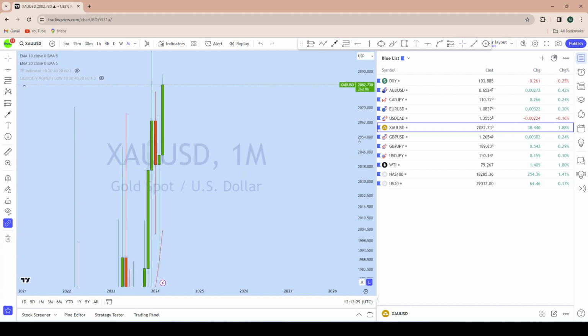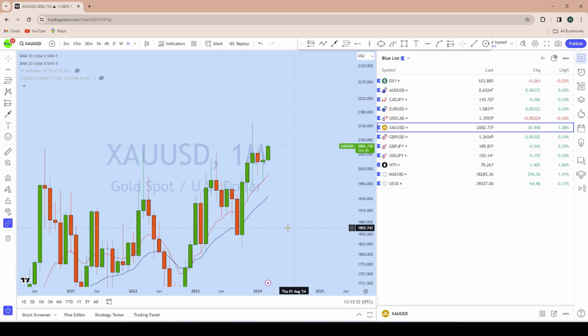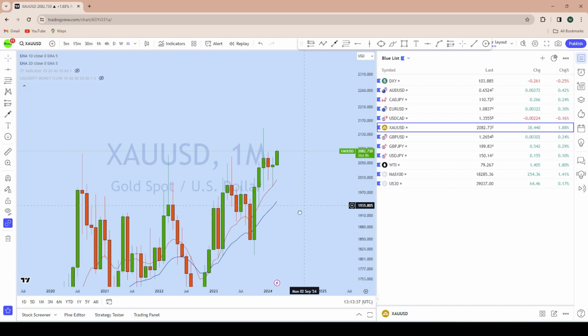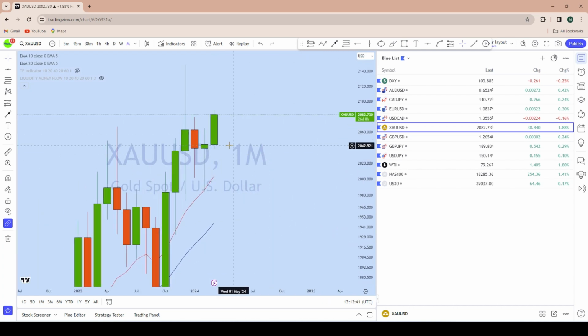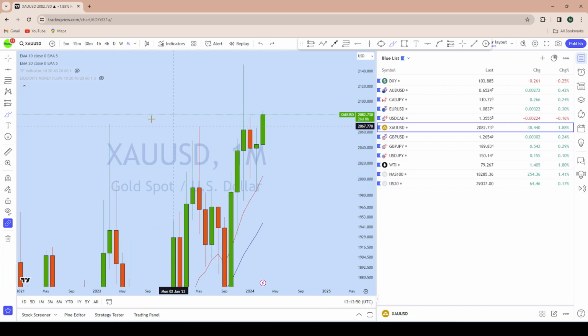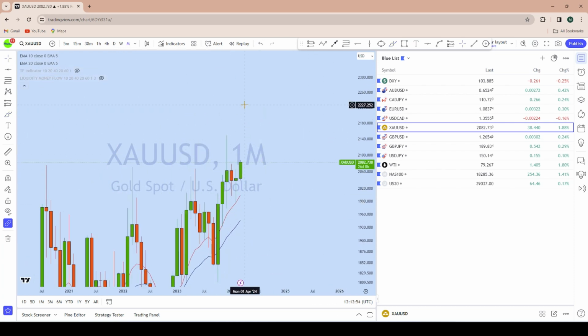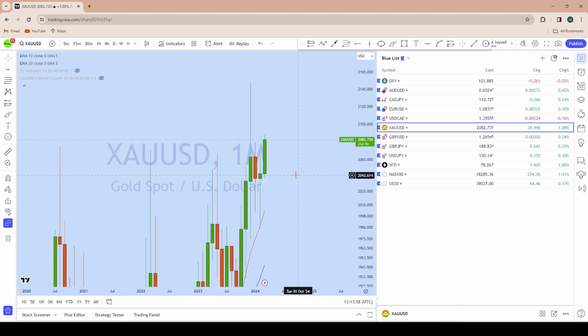Looking at the monthly chart on gold, we can see a strong monthly impulse followed by a correction, and the previous month has formed a long wick doji, which is in fact a very strong bullish price action on gold. In that bullish market, we'll be waiting for the price to come down for a pullback.